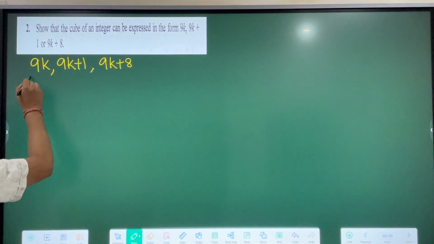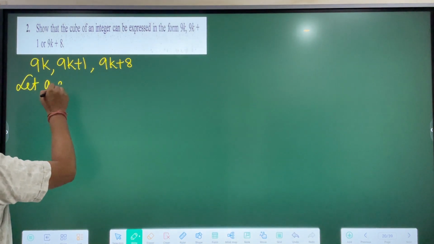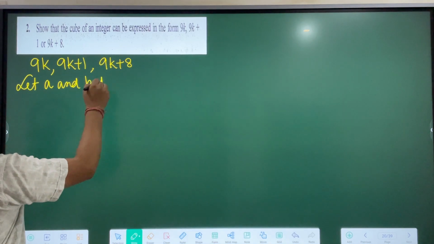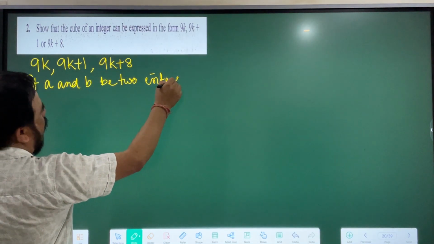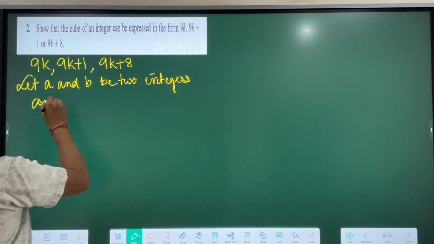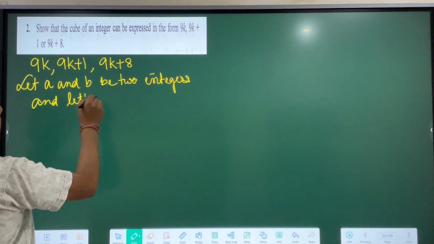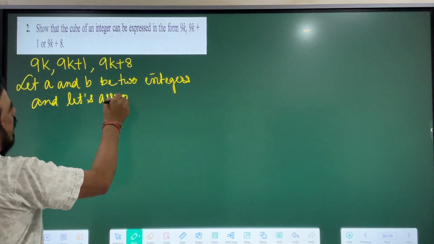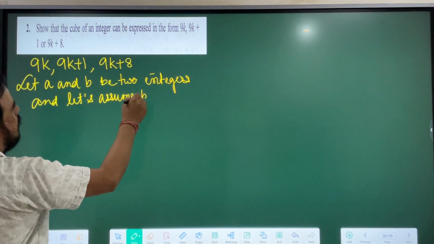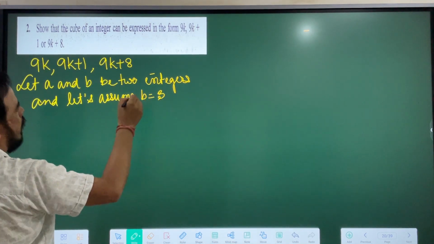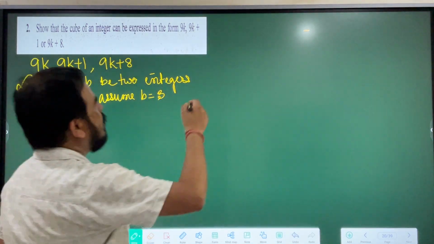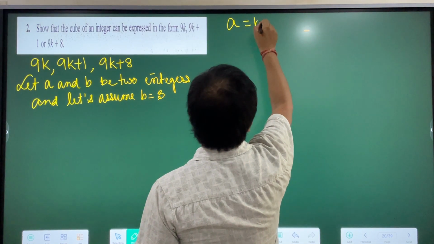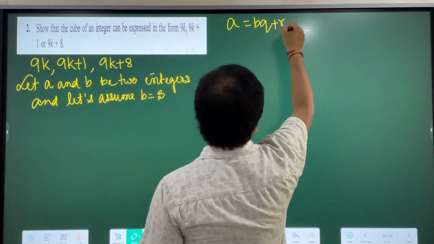So here also, let a and b be two integers. This you have to write, remember that. And let's assume b is equal to 3. Now we will start the sum. Let me write here: a equals bq plus r.